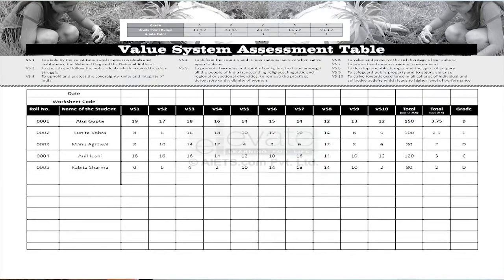This way the science teacher has done his work. In core scholastic, the science teacher has done life skills, attitude and values.